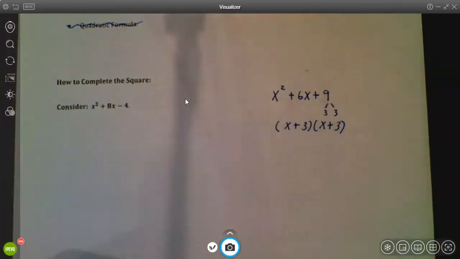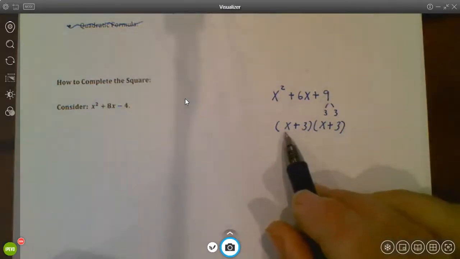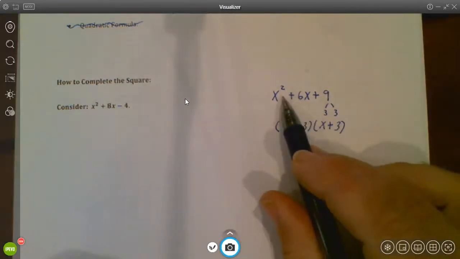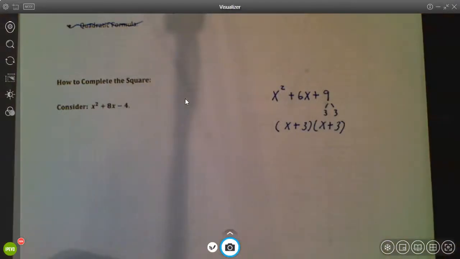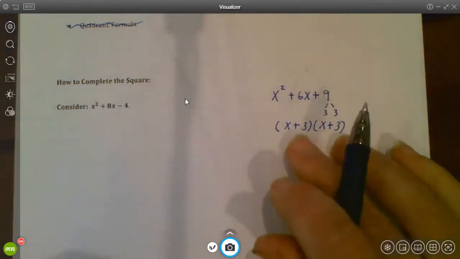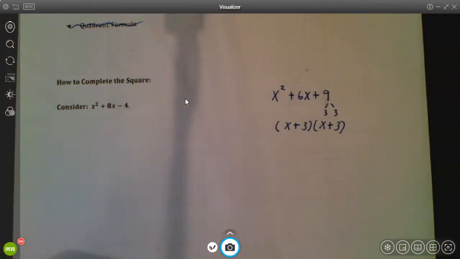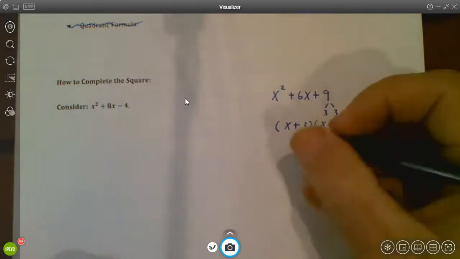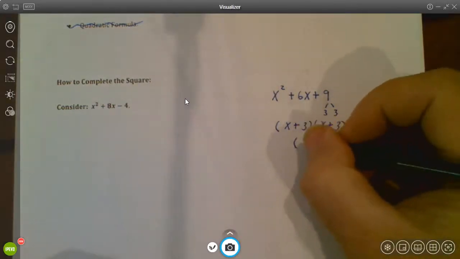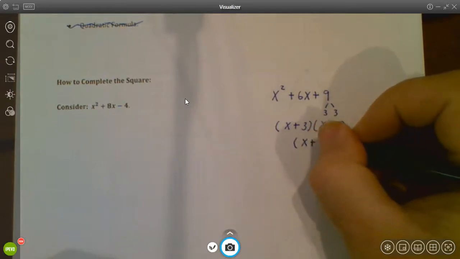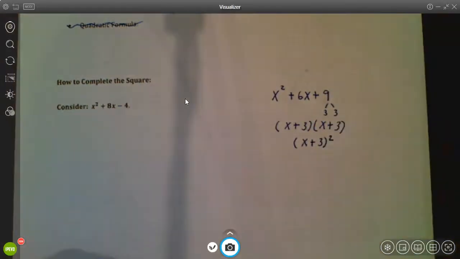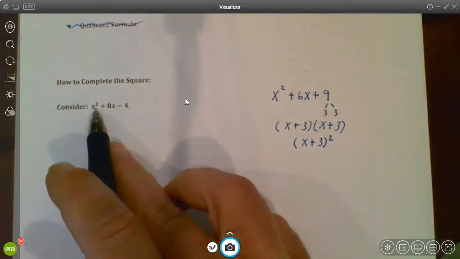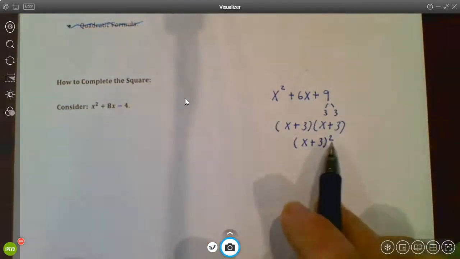You could always check your answer. If I multiply those together, it does give me back what I started with, so I know I did that right. Because they are the same factor, instead of writing two different factors, I could simply say that is x plus 3 squared.